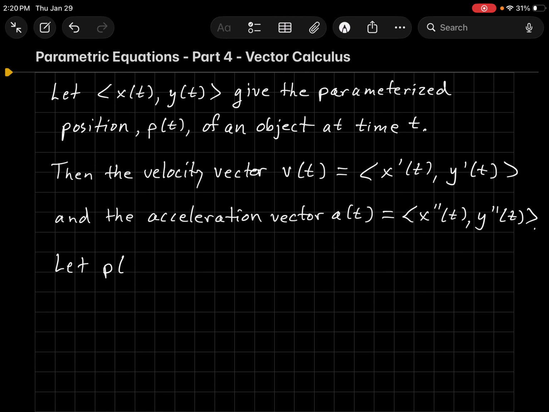Suppose we have the position vector given by cosine of t squared, the natural log of 1 plus 2t, and we'll say this is for t greater than or equal to 0.